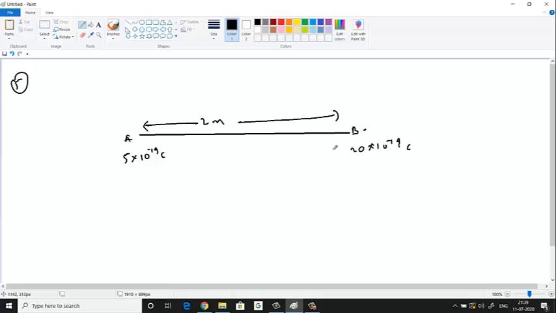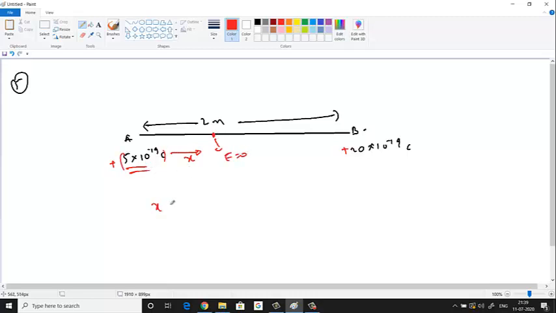Then where is the electric field 0? Where will the electric field be 0 in between these two? See, both are positive. If both are positive, the electric field will be 0 somewhere in between, closer to the smaller charge. So let us say at a distance of x from this charge, 5 into 10 power minus 19, the electric field is 0.